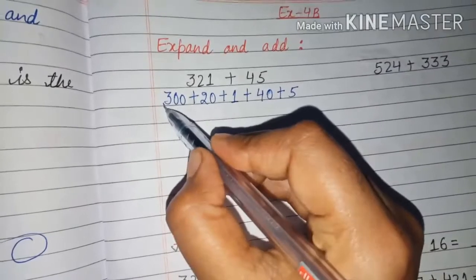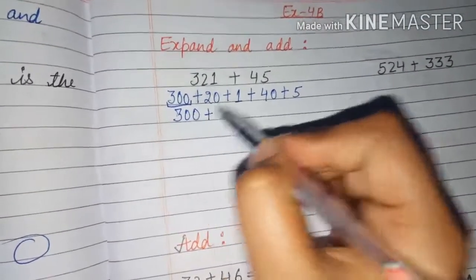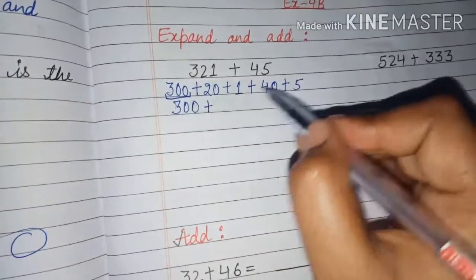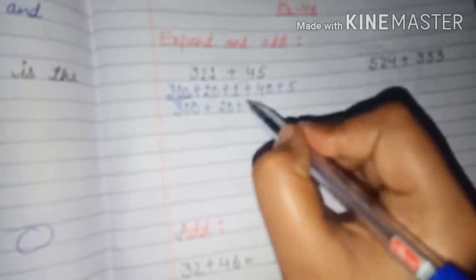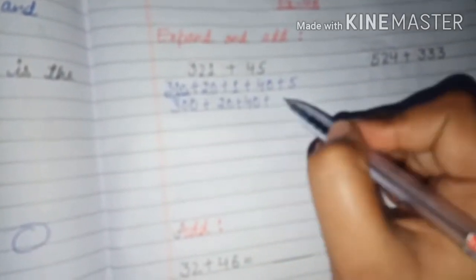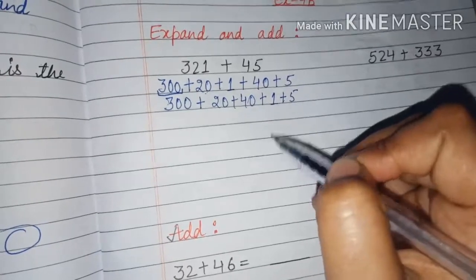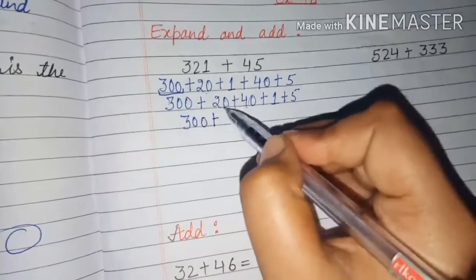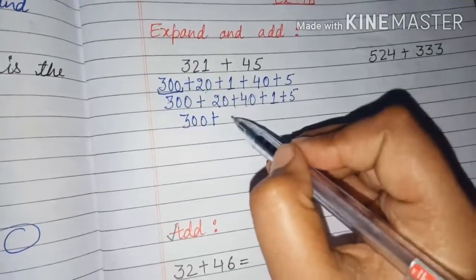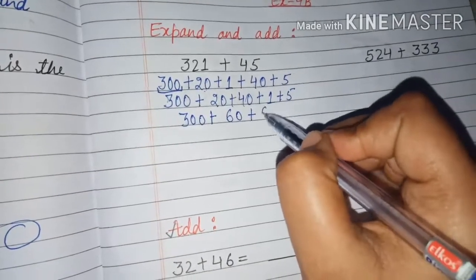Now in the hundreds place we only have 300, so write it as it is. Now for the tens place we have 20 and 40, so write them together. Then for the ones place we have only 1 and 5. Okay, 300 again we have to write, plus 20 plus 40 is 60, plus 5 plus 1 is 6.